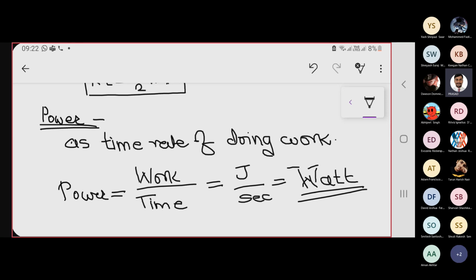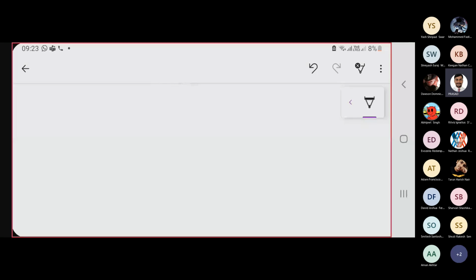Okay, so these are all the energies we come across in the work energy principle. Now, have you understood all those things? Let's go to the actual topic of the work energy equation.